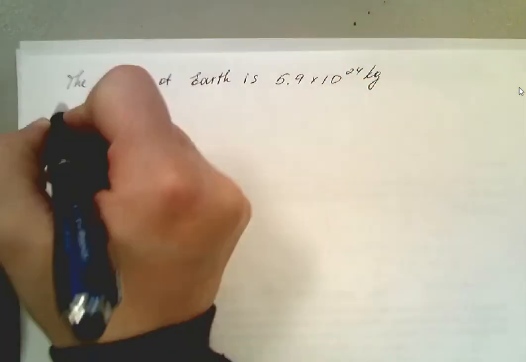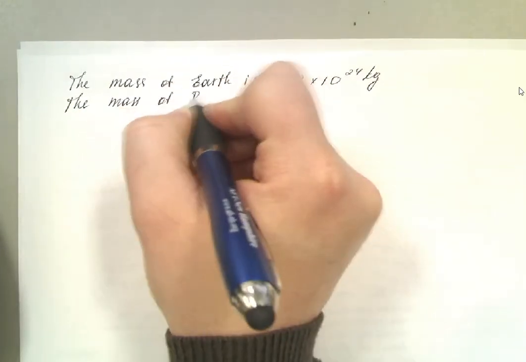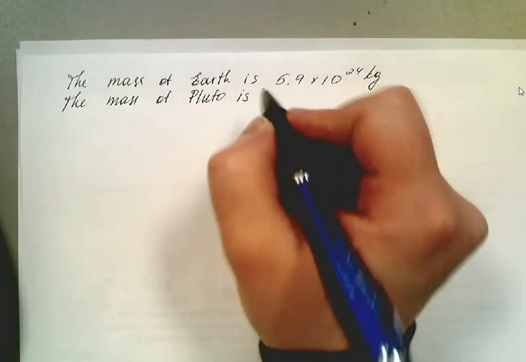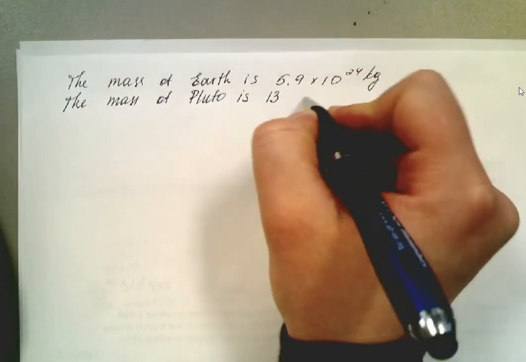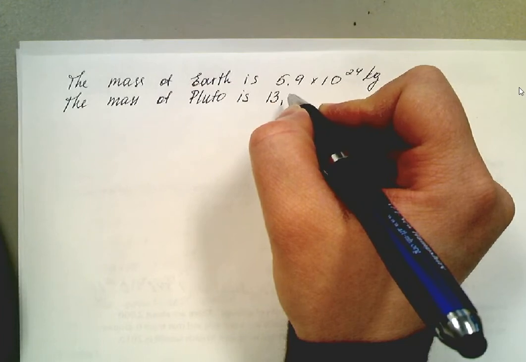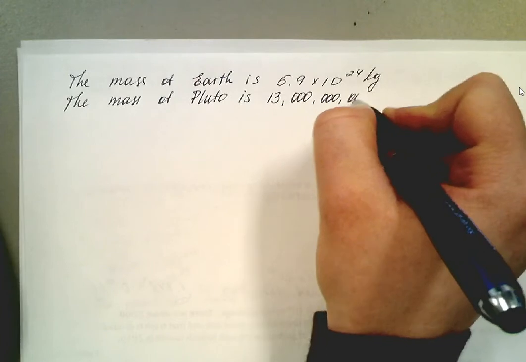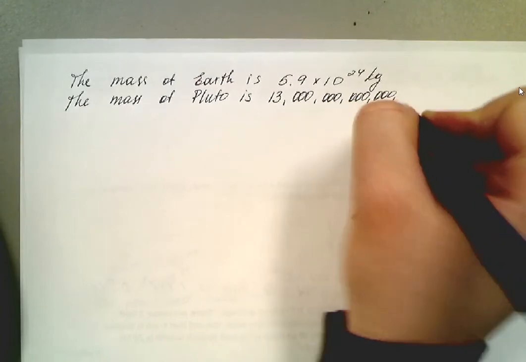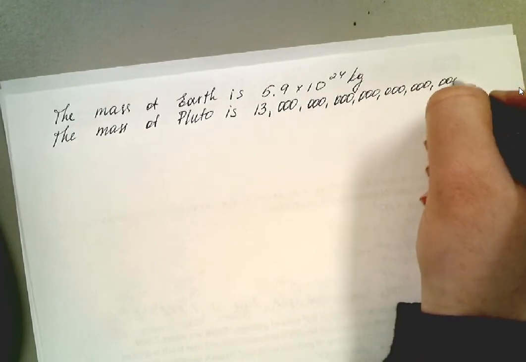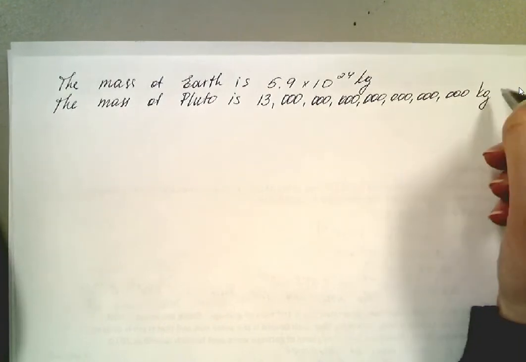The mass of Pluto is 13, and then we have this many zeros, kilograms.